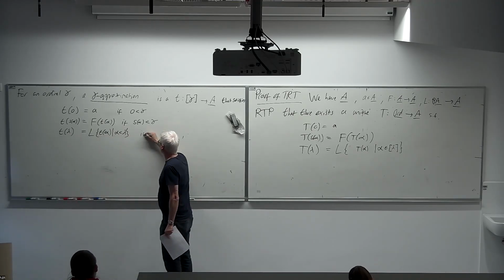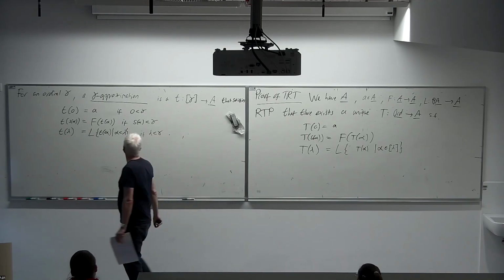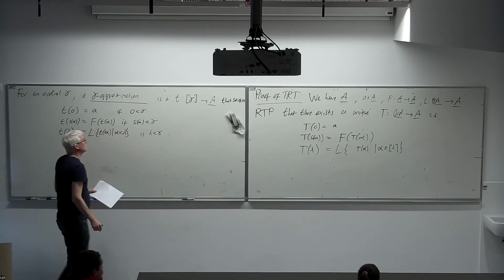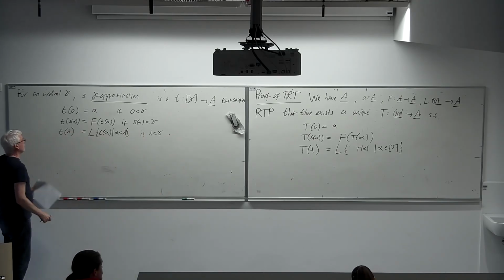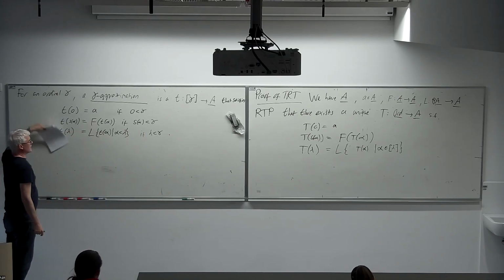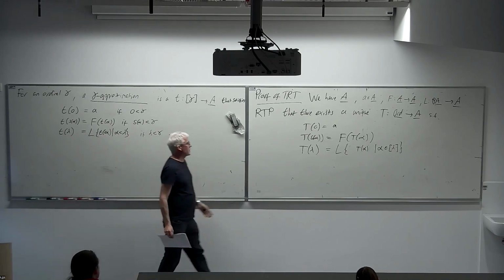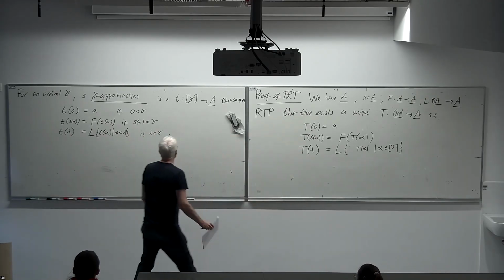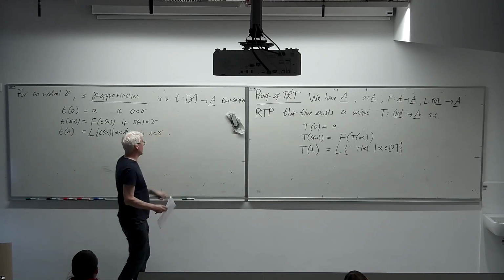Again, if lambda is strictly less than gamma. So basically an approximation satisfies the equations insofar as they make sense, given that the domain is the ordinals strictly less than gamma.